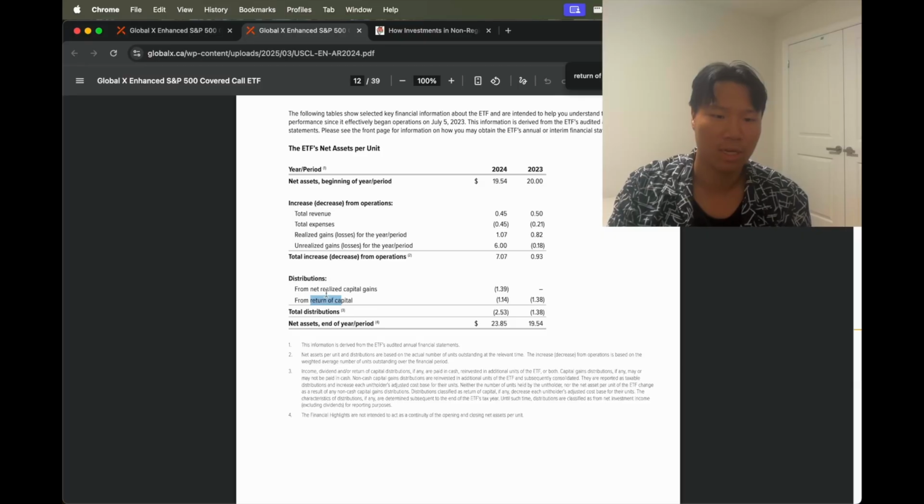And then it would say how much of the distributions are ROC and how much are from capital gains. So I'll basically break it down.